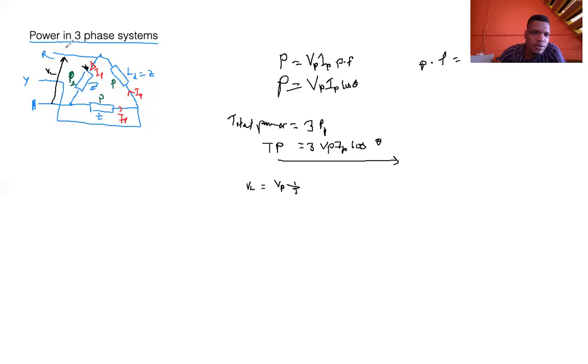Then the current, we have the line current here, then we have the phase current there. Now we know that the line current I line in a delta connected system is equal to root 3 multiplied by the phase current. Okay, we already know that. So now what I'm going to do is we are going to substitute.